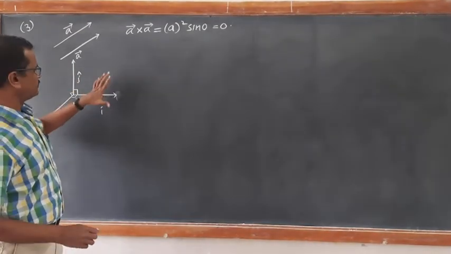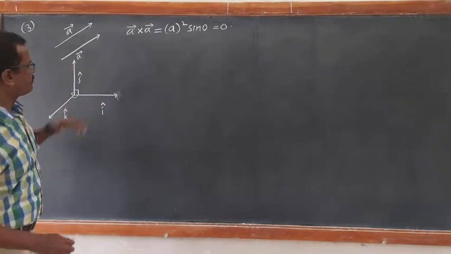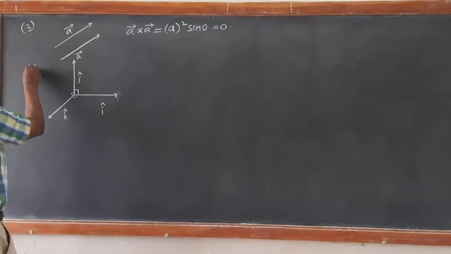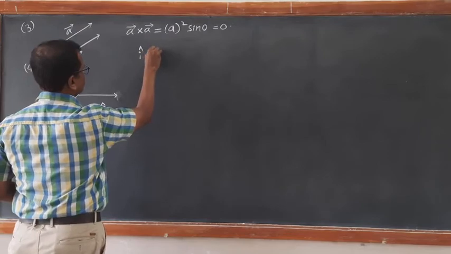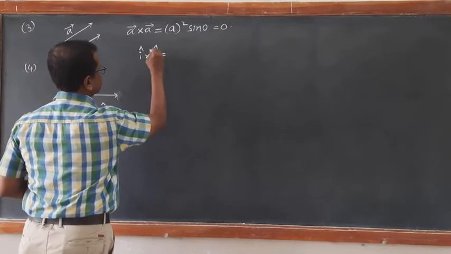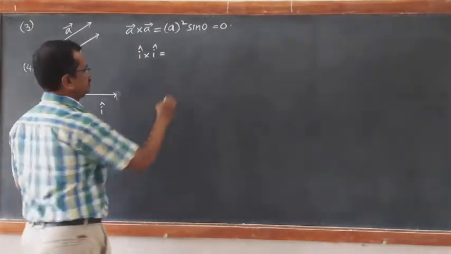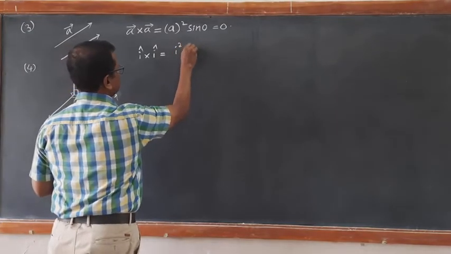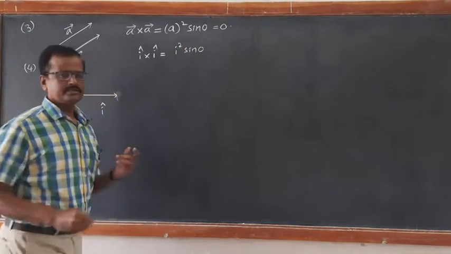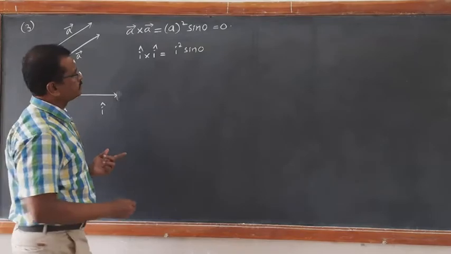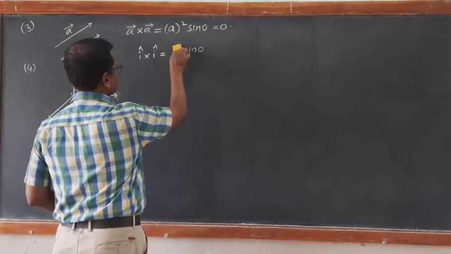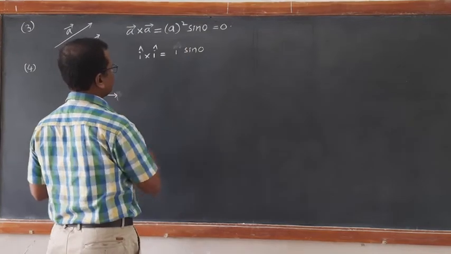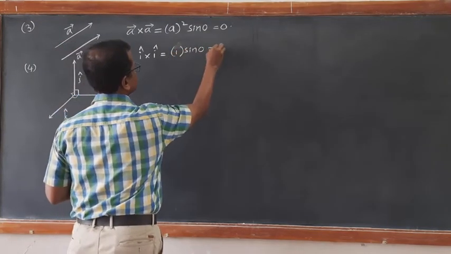First let us say it is I cross I, using the above property. I cross I, in the same way, I can write I square into sin 0. I square is 1, so I square is nothing but 1 into 1, and sin 0 is 0. So you can write it as 1 into 0, which is 0.